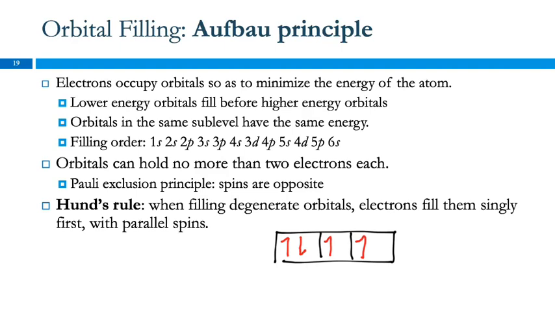Hund's rule is filling degenerate orbitals first with parallel spins, and then pairing up. Yeah. And I'm not going to quiz you on the names of these principles and rules. I may refer to them though, because sometimes it's easier than saying the whole thing out.